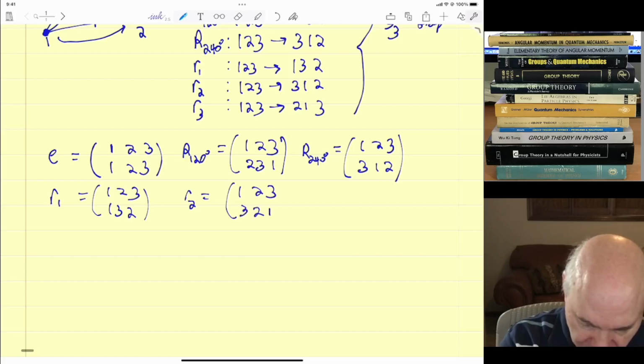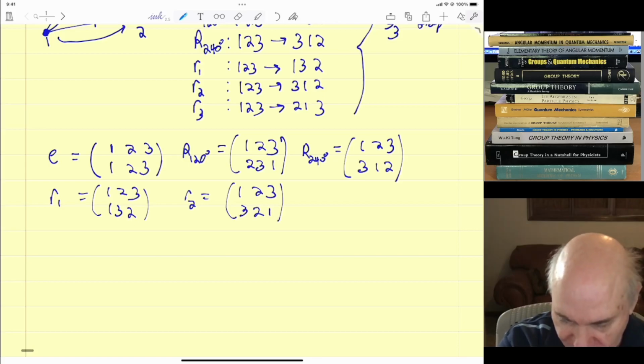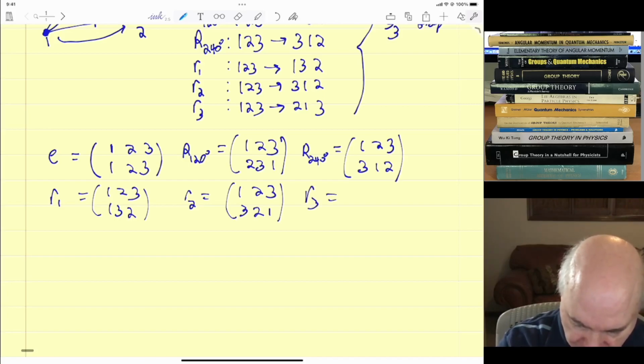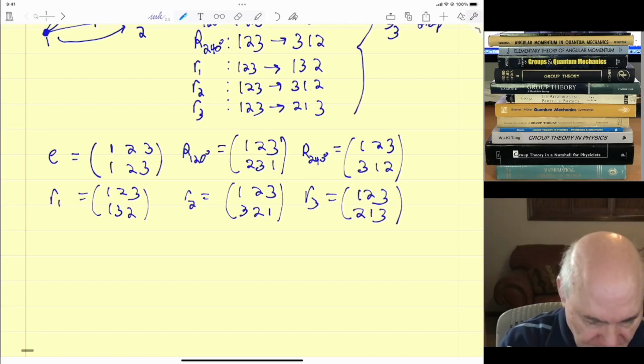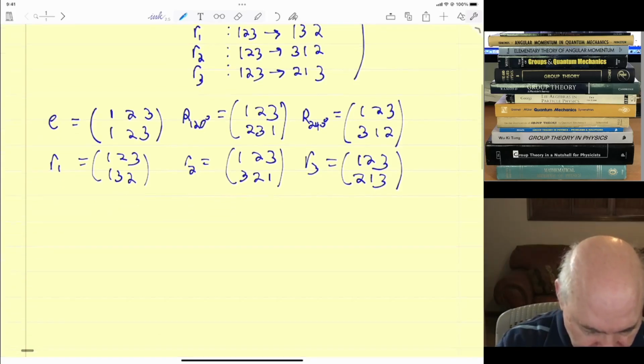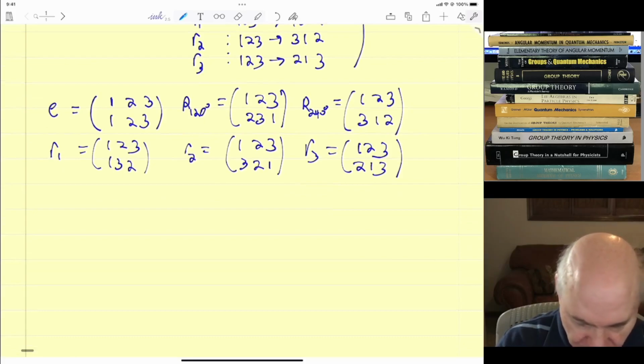Now, in theory, the numbers on top don't have to be ordered 1 to n. You could make a different ordering and then give the elements below which they go to. But then it's harder to understand the permutation. So this is sort of the standard order. Now, this is one way of doing notation.